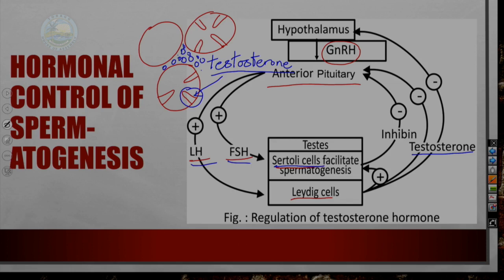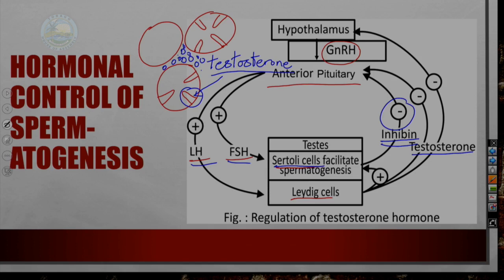However, as the production of testosterone increases and the amount of sperm production increases, that in itself is going to now have the production of inhibin occurring within the Sertoli cells. So there's another hormone that the Sertoli cells will produce called inhibin. And what does inhibin do? It has a negative feedback, as we see here, on the anterior pituitary gland.